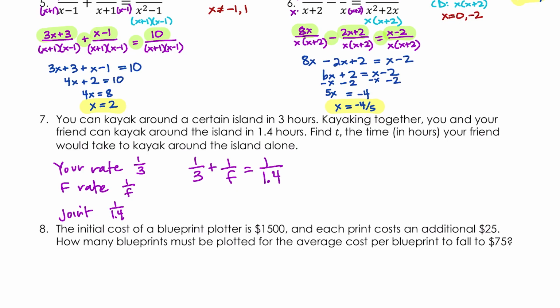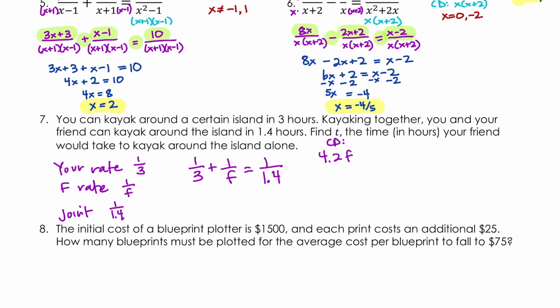In order to figure out the common denominator, we could just multiply 3 times 1.4 times F. And so 4.2F is your common denominator. But really, we're just going to give each fraction what it needs to get there.